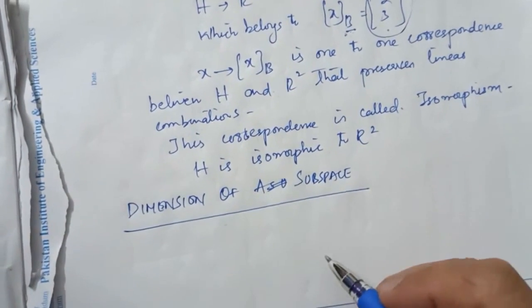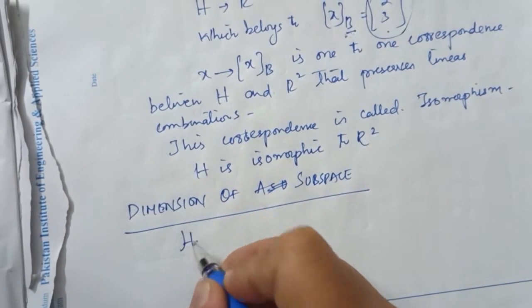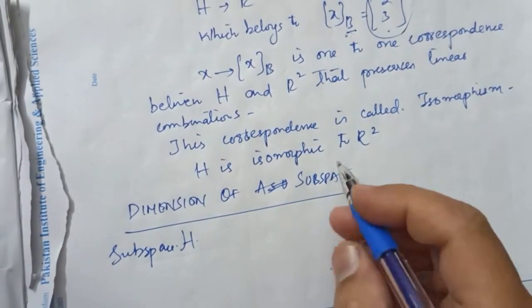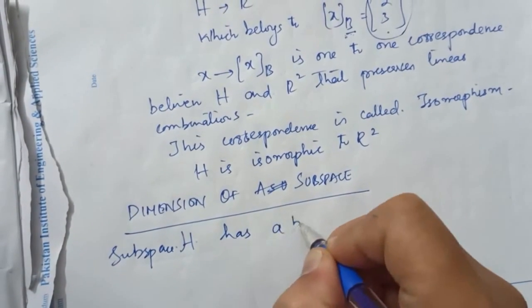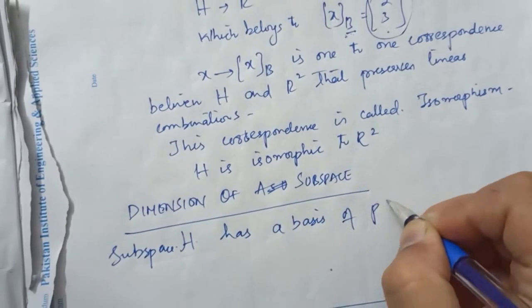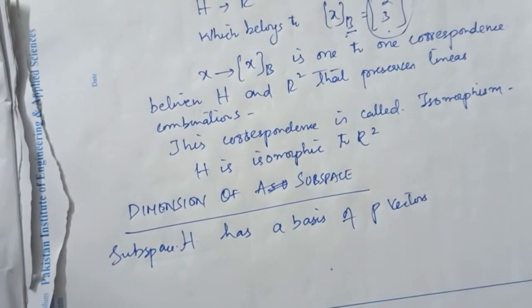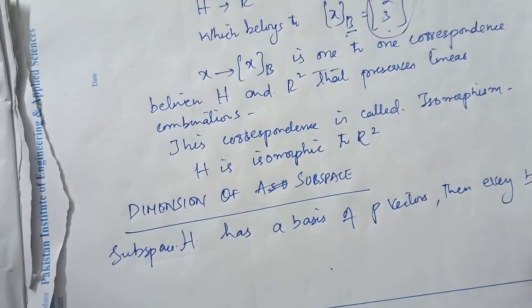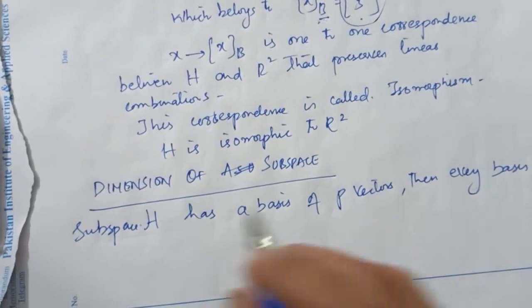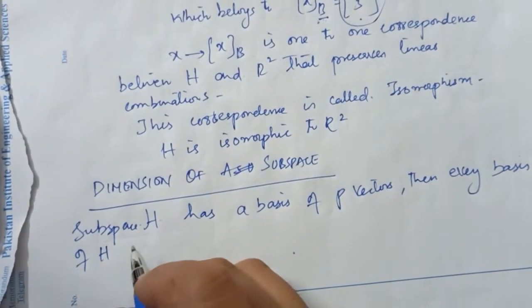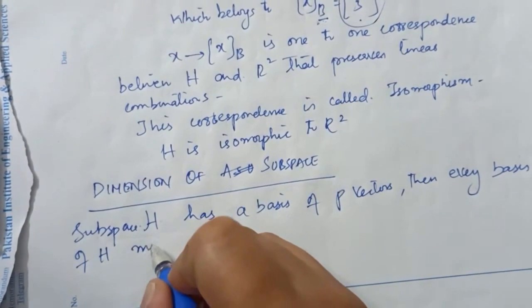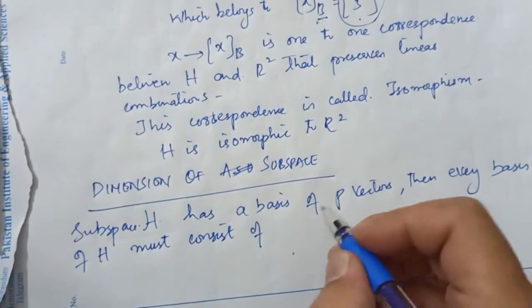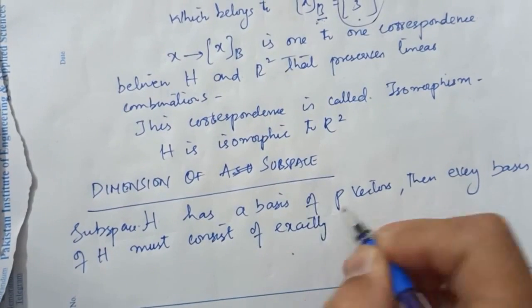Okay, so if a subspace H has a basis of p vectors, then every basis of H must consist of exactly p vectors.